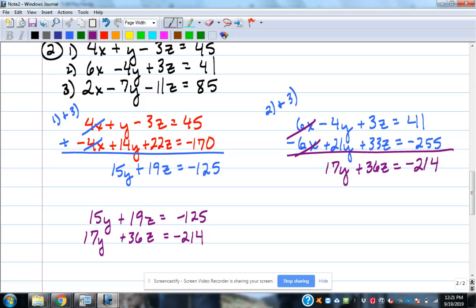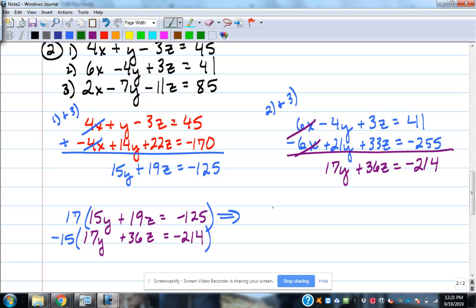No. Should you? Probably not. So what can you do to do elimination on this? Multiply by each other, but make one of them negative. Okay? I'm going to get rid of the y's because that's smaller than 36 and 19. It works the same if you do the 36 and 19. So I'm going to multiply the bottom one by negative 15 and the top one by positive 17.